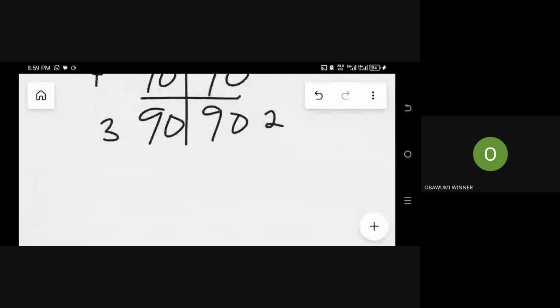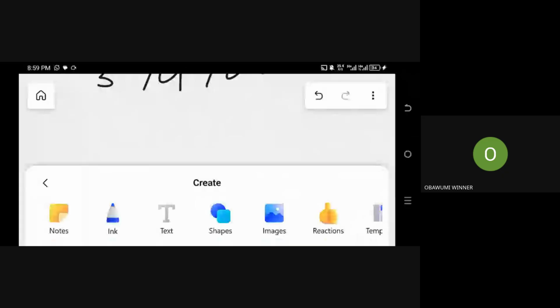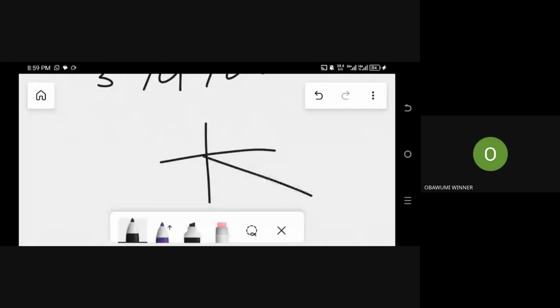This leads us to having something like this: if this is 25 degrees, then the balance angle to complete the 90 degrees gives us 65 degrees here.